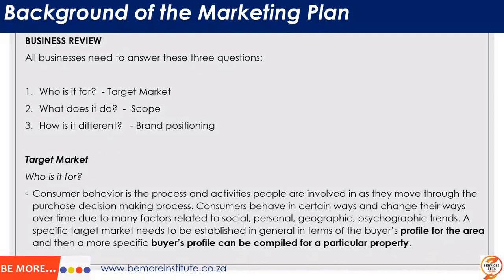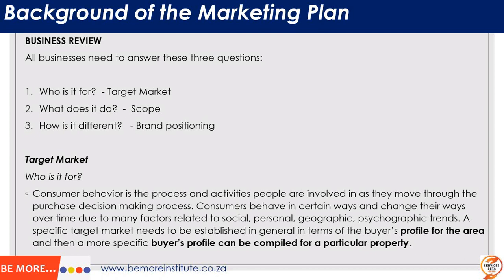Like we said, consumer behavior is the process and activities people are involved in as they move through the purchasing decision-making process. Consumers behave in certain ways and change their ways over time due to many factors related to social, personal, geographic and psychographic trends.